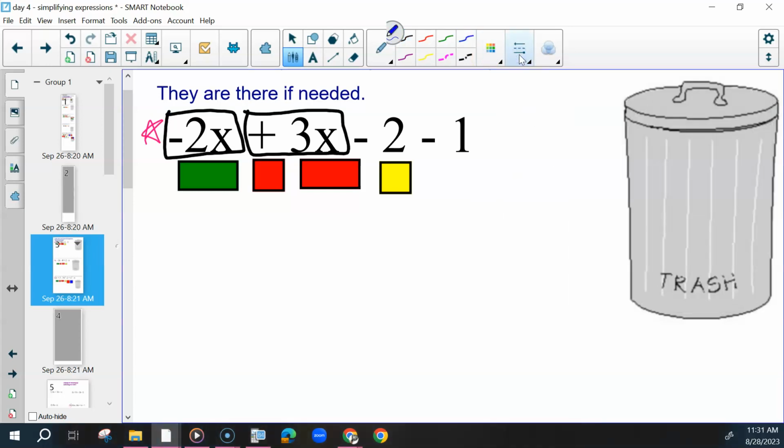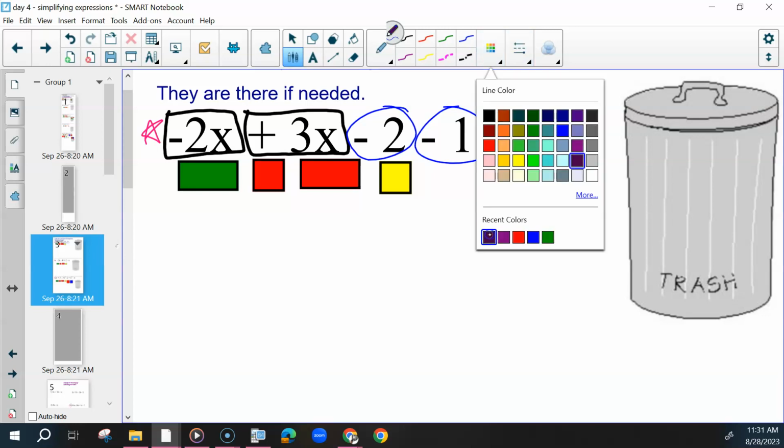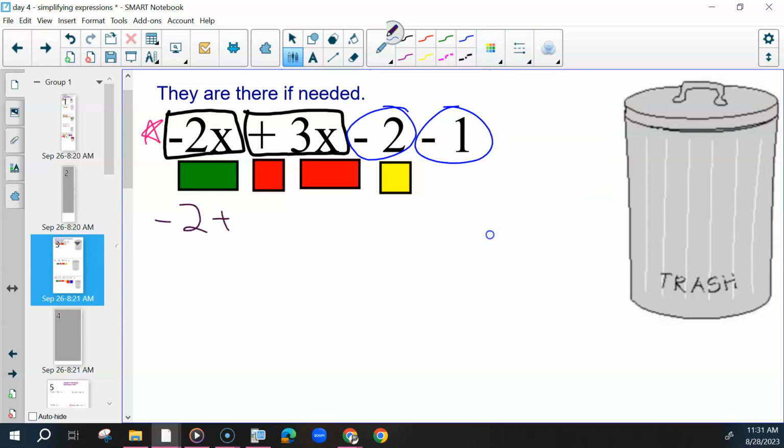And you want to include whatever symbols in front of that, that way we know what operations we're using. And then anything that does not have a variable is going to be grouped together. So we have two sets of like terms. And then to combine them, we're just going to take the numbers in front, so -2 and +3, and add those together. We'll come back to the x in a minute.